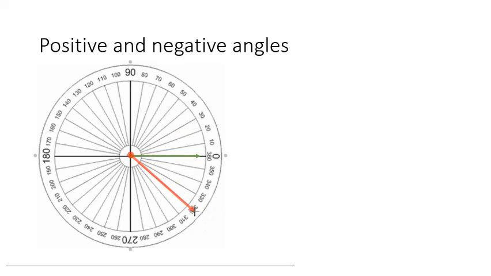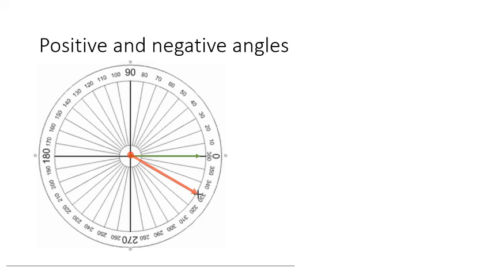So what if we went 30 degrees in the counterclockwise, rather in the clockwise direction? In the clockwise direction, 30 degrees would put us at a different location. So negative 30 degrees looks like this. So negative 30 degrees is equal to a positive 330 degrees.